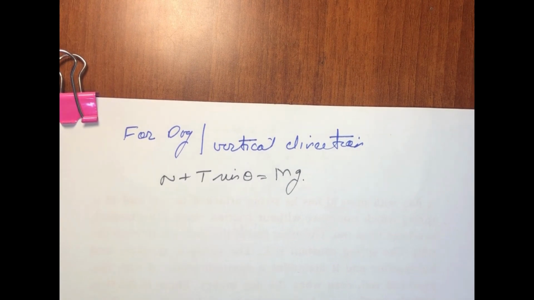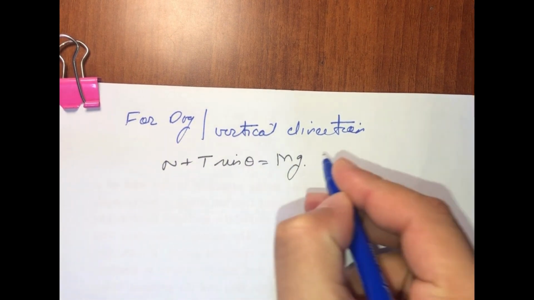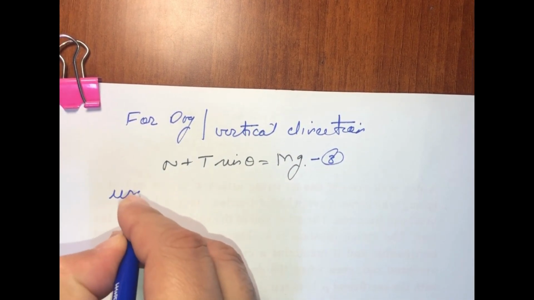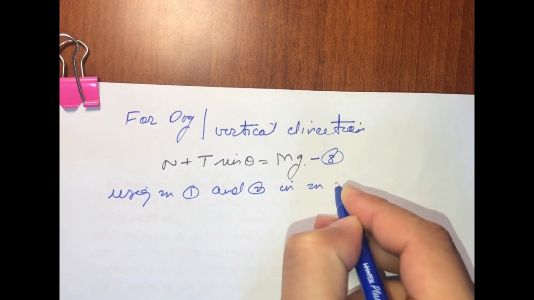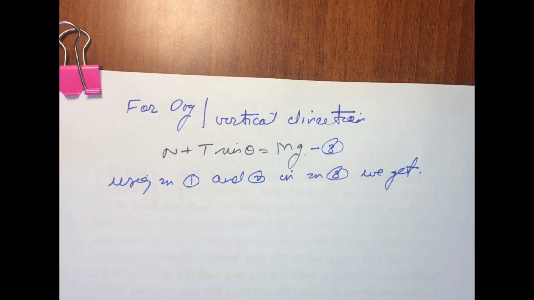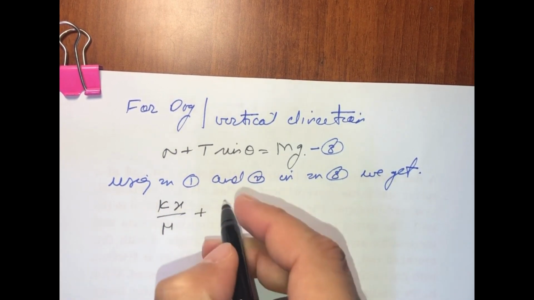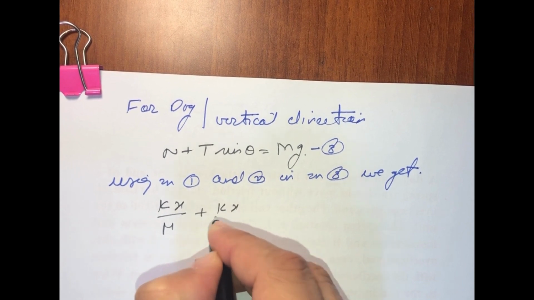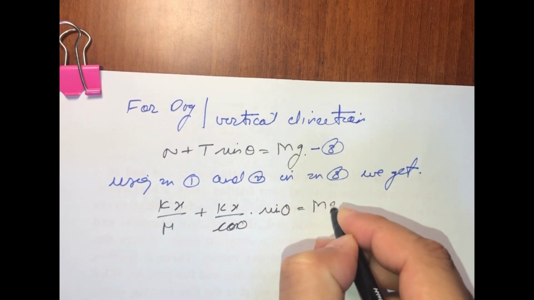Let this be equation number 3. Using equations 1 and 2 in equation 3, we put the value of n as well as T. We get n is kx upon mu, plus T, which is kx upon cos theta multiplied by sine theta, equal to mg.